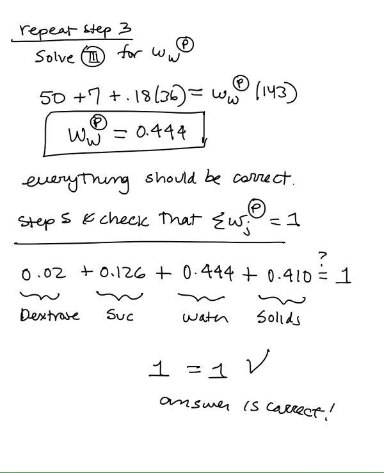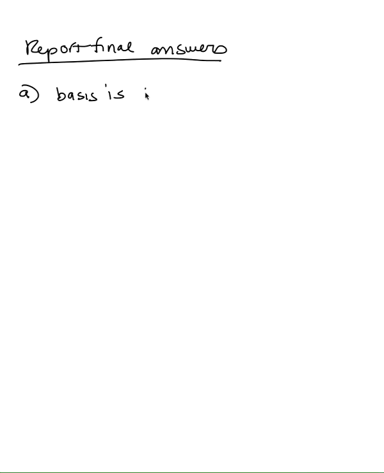So now, finally, we can go ahead and report our final answers. Okay, so we already said that for A, the question was, what is the basis? And our basis is that the mass flow rate of stream C is 100 grams. Question B wanted to know a bunch of mass fractions.